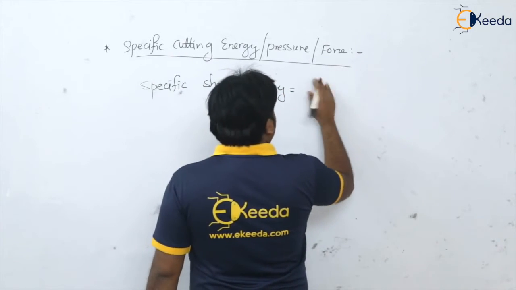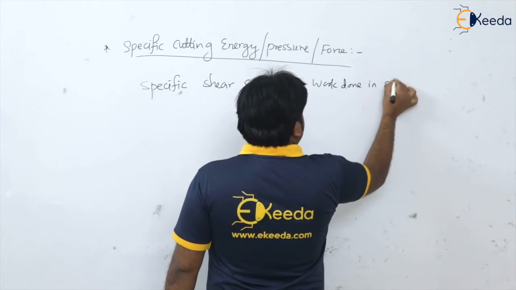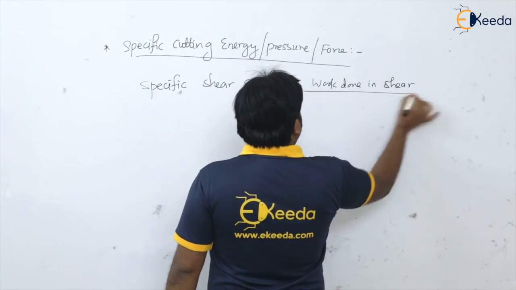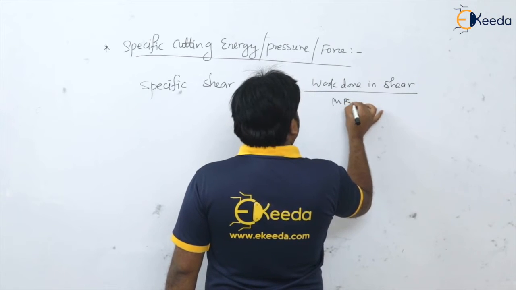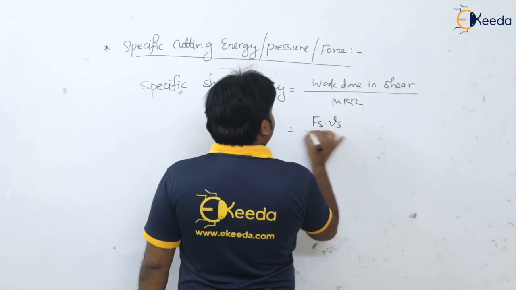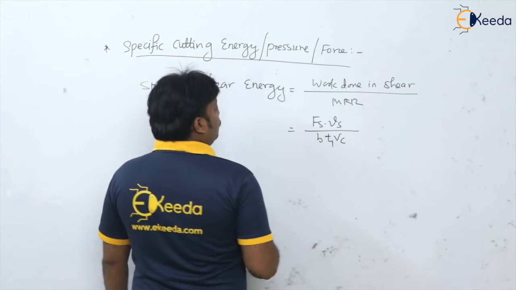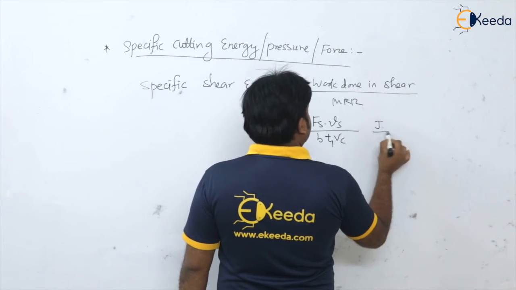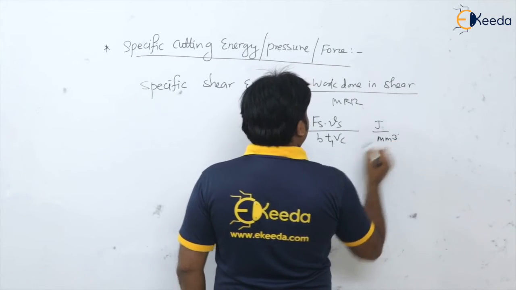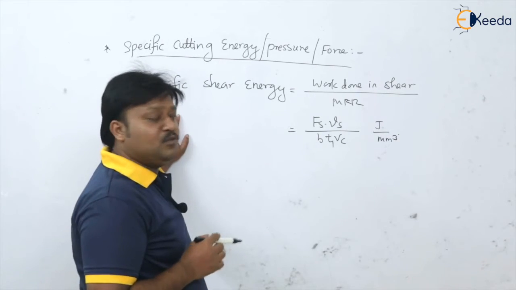That is the work done in shear divided by MRR, isn't it? So work done in shear is Fs into Vs, divided by B T1 Vc. This too you can get in joule per mm cube or Newton per mm square.